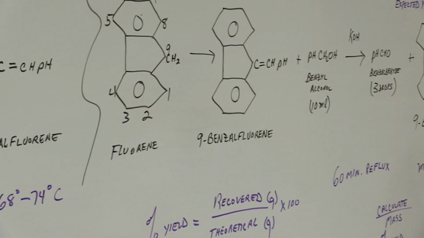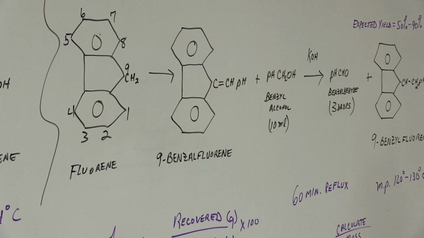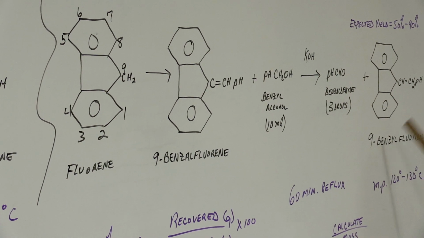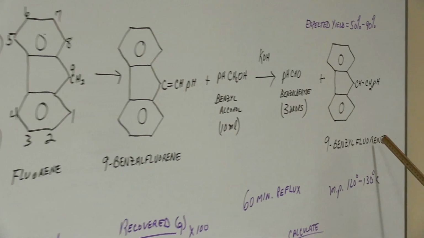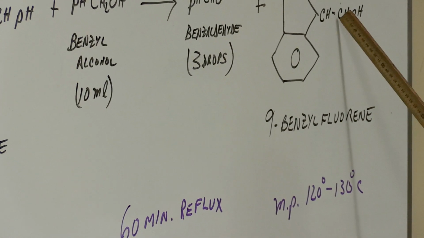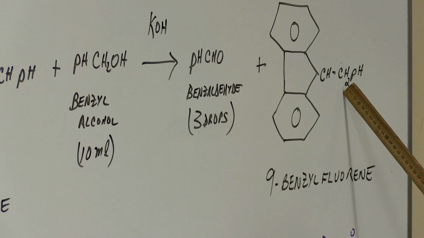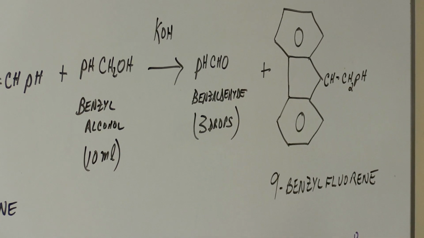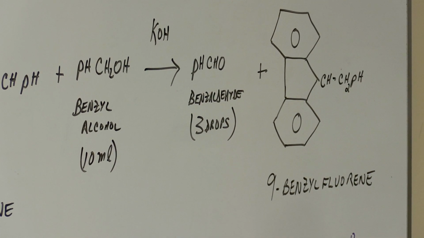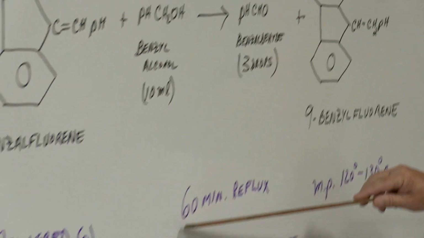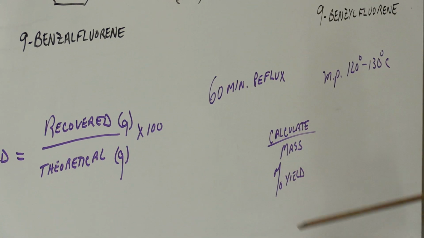Those differences and the fact that we're creating an intermediate, 9-Benzal fluorene, and we're going to end up with 9-Benzyl fluorene. And again, carbon-carbon single bonds versus carbon-carbon double bonds. This requires a 60-minute reflux.